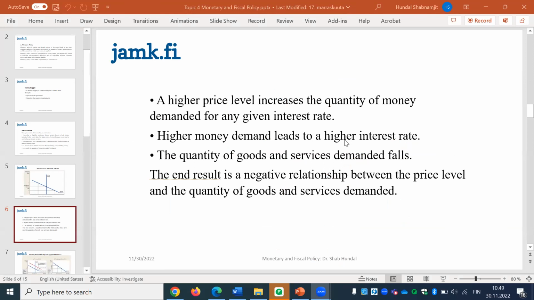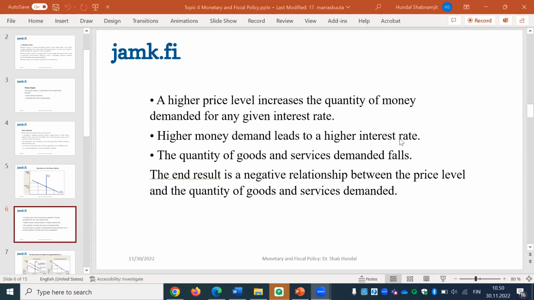Currently, you see that we are living in the inflationary world. And earlier, you might be having 100 euros per week for your kitchen budget, but now you might have to take 200 euros to buy the same things. So a higher price level increases the demand for money. A higher demand for money leads to a higher interest rate.